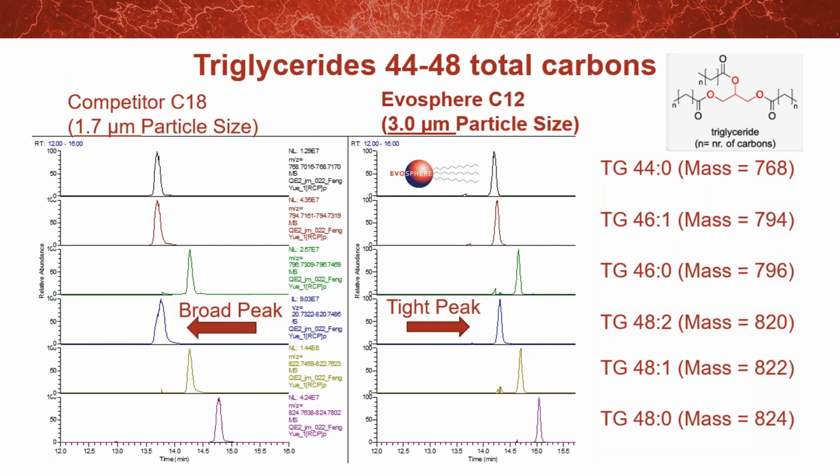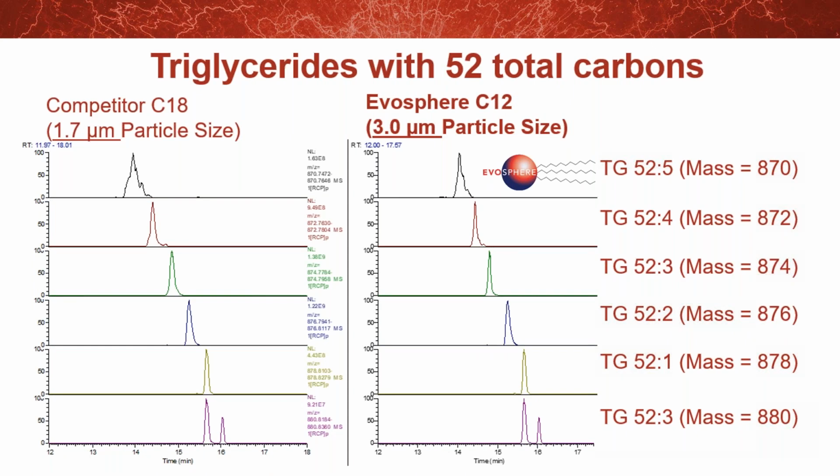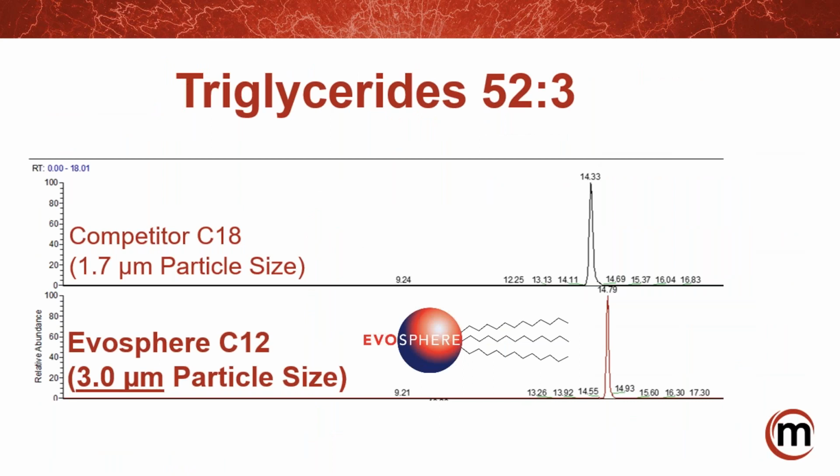We believe it's the monodispersity, the surface area, and the bonded phase hydrophobicity. So that three-pronged approach of innovation is really what we're driving here. And then we have the triglycerides with 52 total carbons. Again, tighter peaks. You're getting a theme here.